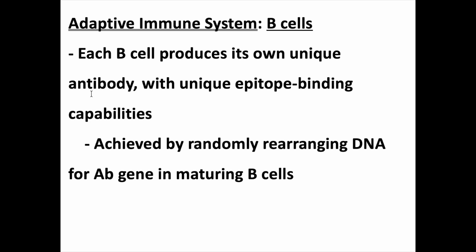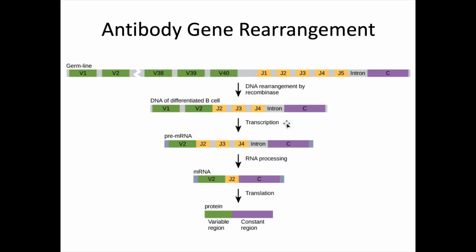So in order to get this diversity, in order to get all these different antibodies, these B cells, as they're maturing, do something really crazy. They rearrange a portion of their chromosome, of their DNA, for the antibody gene as they mature. So don't get bogged down in the details, but there are lots of different possibilities in the genome for different structural regions of the protein.